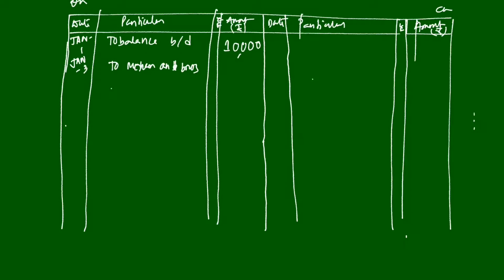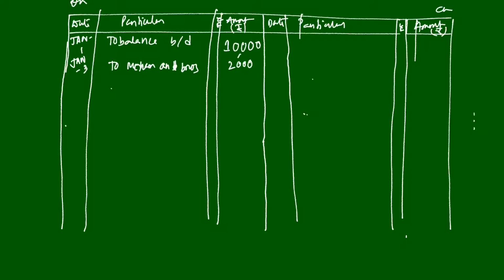Okay, so what is the value? 2,000. Next one is January 4, transportation expenses 1,000. Here it is not mentioned whether it is paid or received.